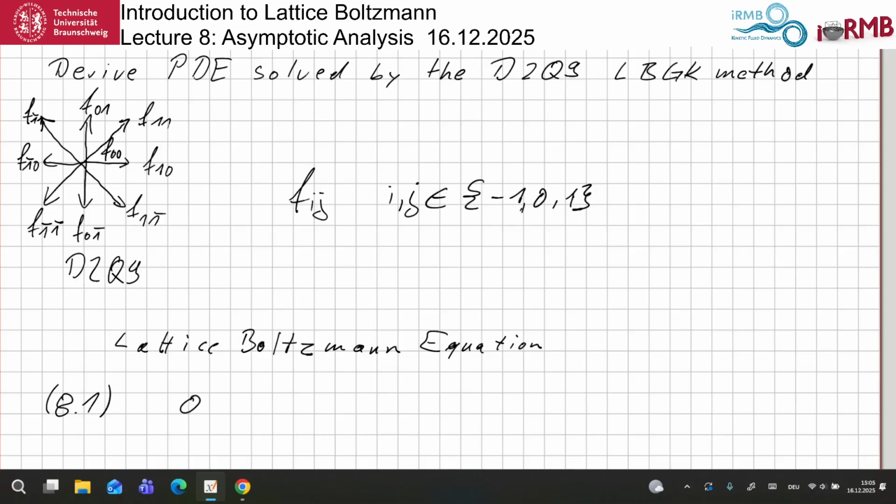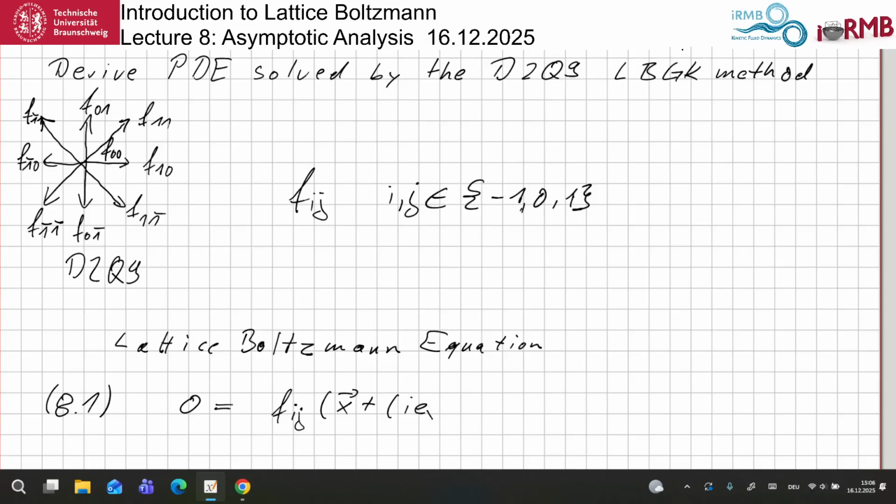For convenience, this is not necessary, but later it will be useful, we put everything on one side and say 0 is equal to. And here we have the pre-collision state f_ij at position x.